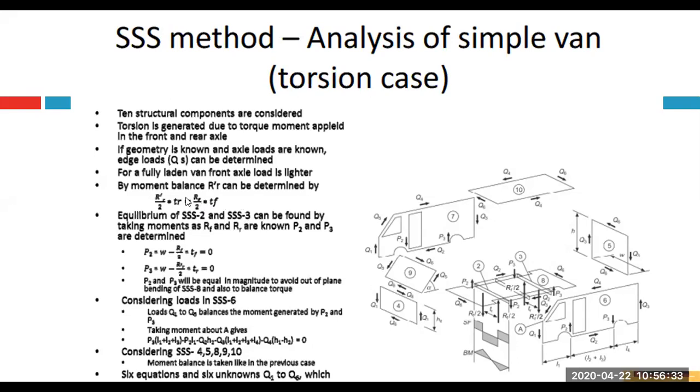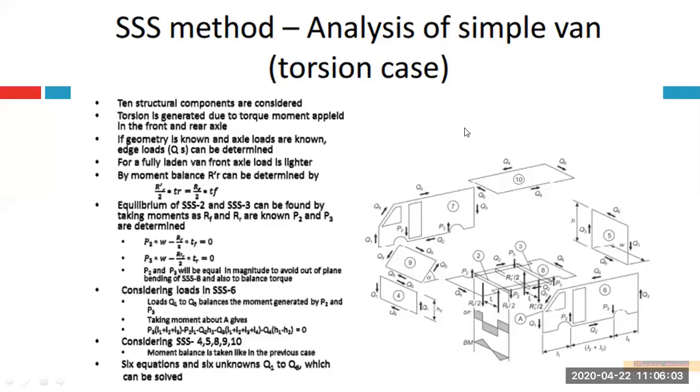I'll just repeat the equation: R dash R upon 2 into TR is equal to RF upon 2 multiplied by TF. TR and TF are shown in this diagram. I believe it won't be visible to you because maybe you're logging in using your mobiles.